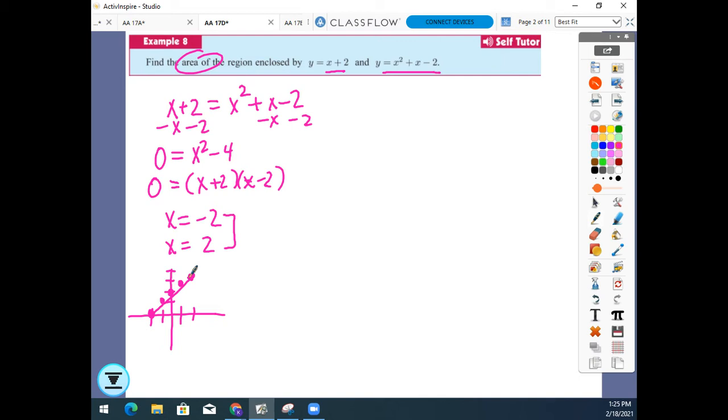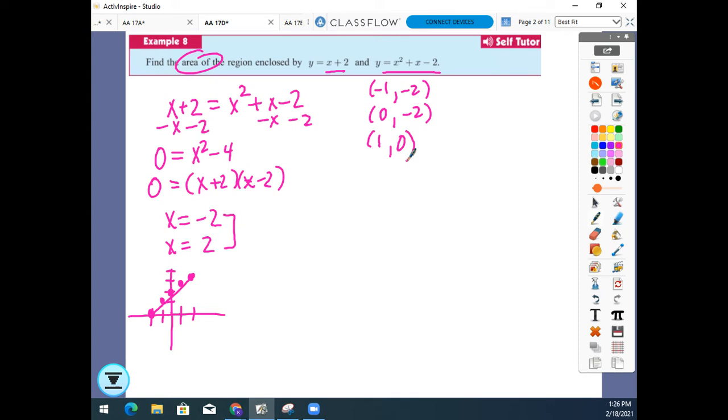So now I just need to graph this equation. If we just want to plug in, I'm going to plug in -1, 0, and 1 into this equation. If I plug -1 in, that's going to be 1 minus 1 minus 2. If I plug in 0, I also get -2. And if I plug in a +1, I get 1 plus 1 is 2 minus 2 is 0.